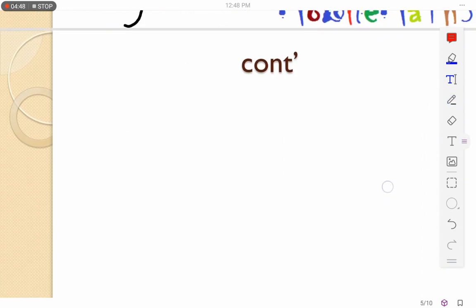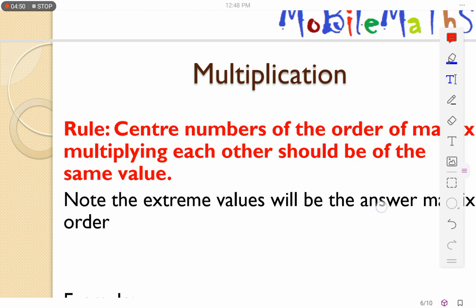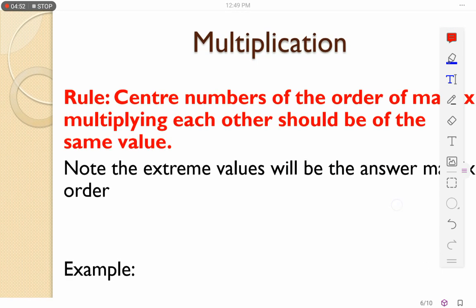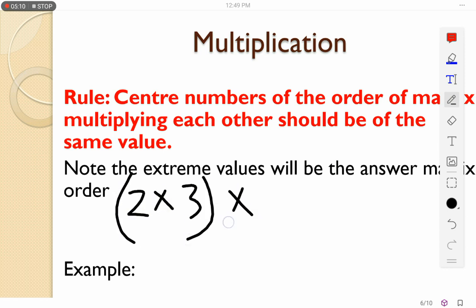Now we are going to look at matrix multiplication. When you do multiplication, how do you know that you are doing a multiplication? There is an issue of the order of a matrix that we are going to look at. Let's say we have an example of a 2 by 3 matrix that is multiplying a 3 by 2 matrix.